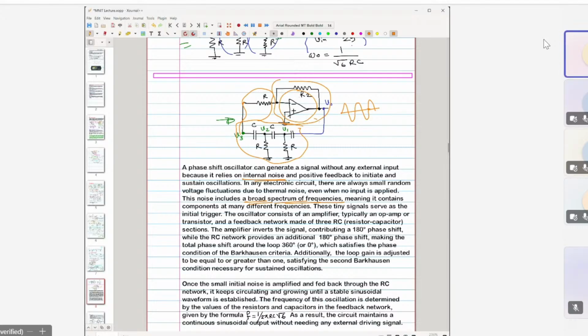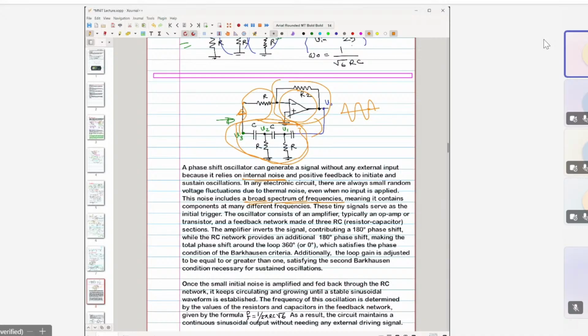Now that has been passed through a frequency selective network. This frequency selective network chooses only one frequency out of it, and that is fed back again to the amplifier, positive feedback. So that particular frequency signal again gets amplified, right?